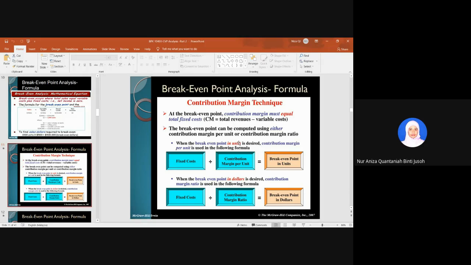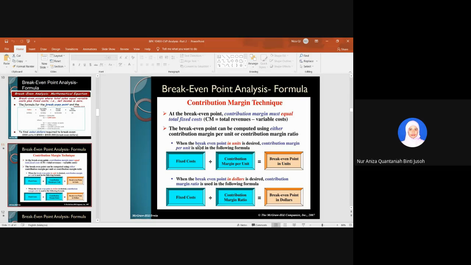But if the question asks you to find the break-even point in dollars, or the BEP sales in dollars, it means that they want to know the amount of sales in dollars, you will have to use the contribution margin ratio formula.